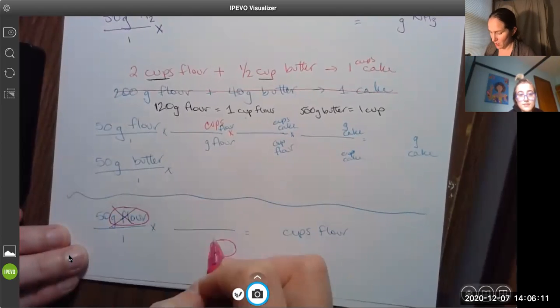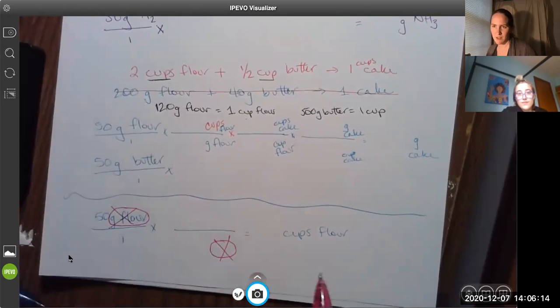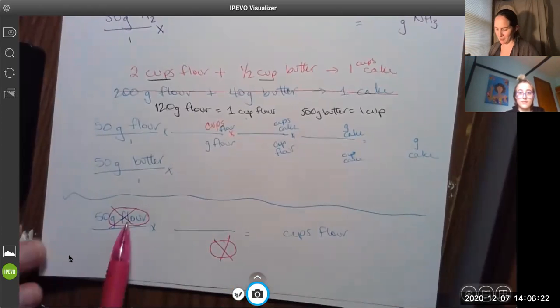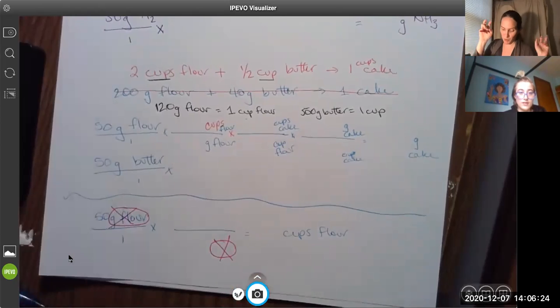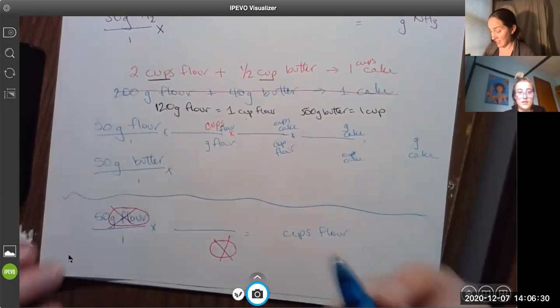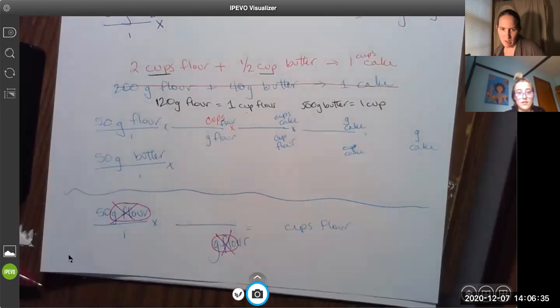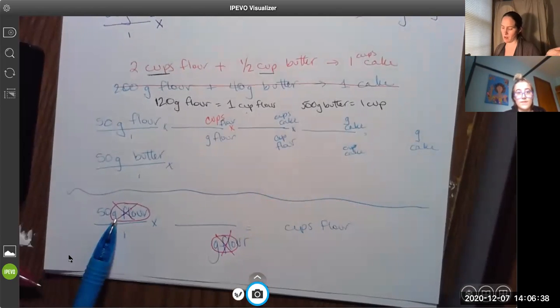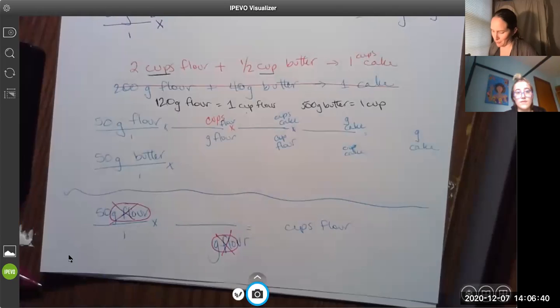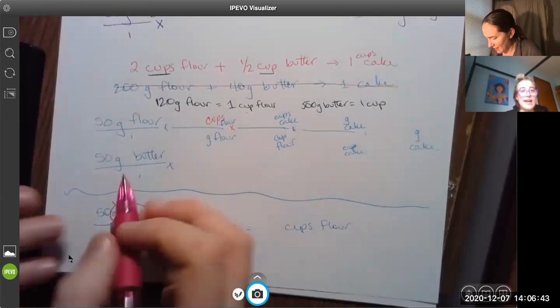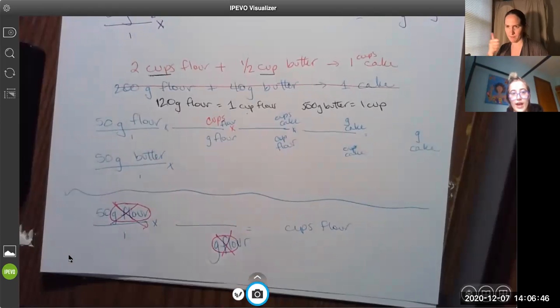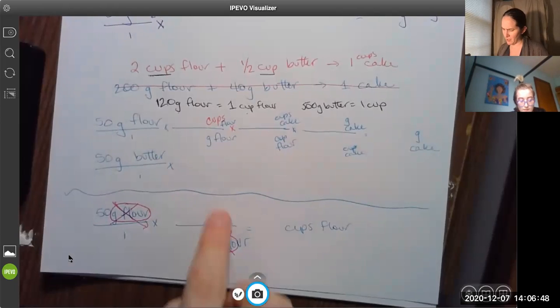It's very helpful, but we don't need it in the answer. And it's all just one big long fraction. So we'll take it from the numerator into the denominator, and then it cancels. So if we're starting with grams of flour, we're going to kick it from the top to the bottom. Yeah, cancel it out. Okay, great. Yeah. And then what do we put up here?